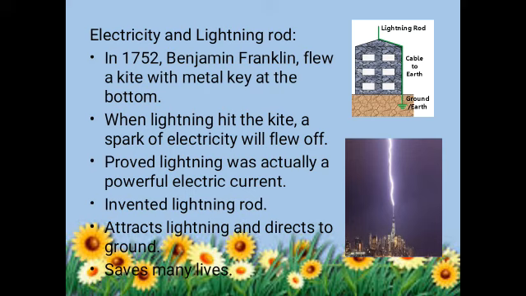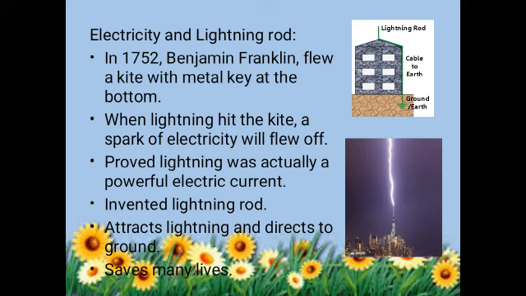Yes, once upon a time, one day he was flying a kite in the evening. By that time a heavy thunder started. So while the lightning came, he tied a metal key to the kite. By the time of lightning, the metal key started to spark electricity.